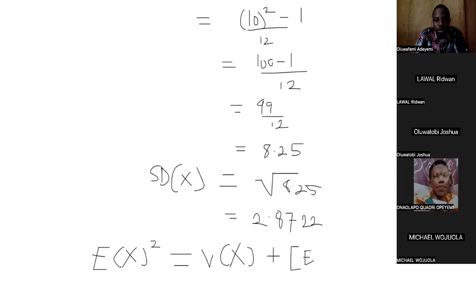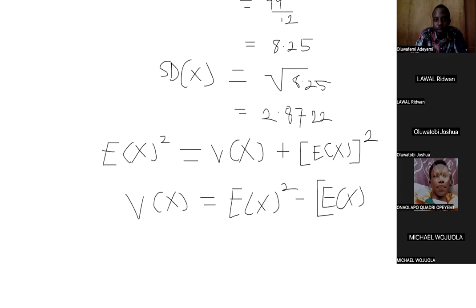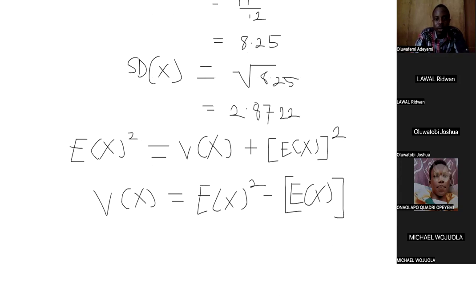Yes, that is true because we got that from the variance of X, which we have defined earlier to be the expected value of X squared minus the square of the expected value of X. So by changing the subject of the formula, you are going to arrive at this one. So that is how we got that.